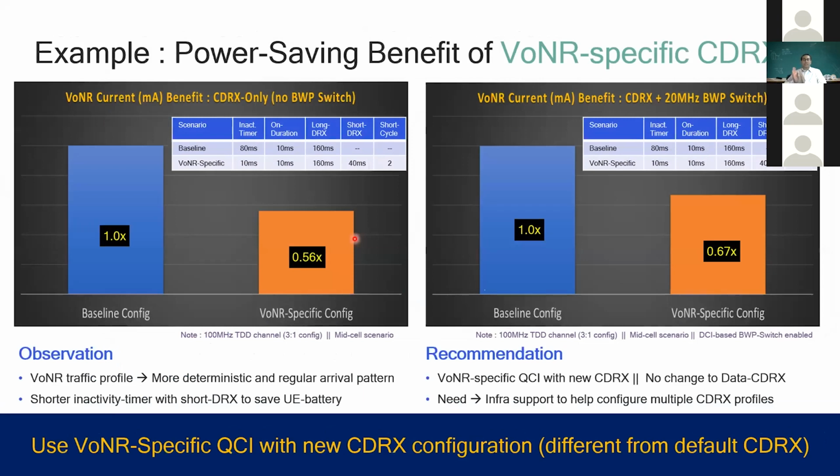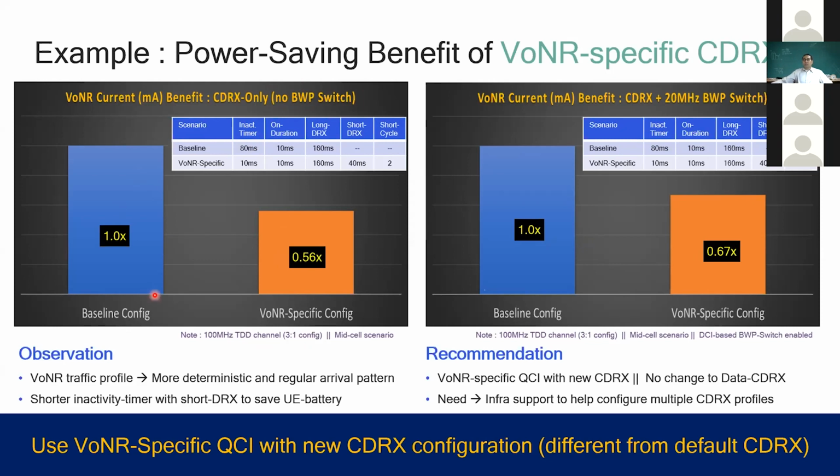So we have two sets of graphs. Let's start with the one on the left. This is a scenario for VoNR traffic, where a default CDRX, which is the baseline CDRX, is already configured in the network and is up and running, and there is no BWP switching enabled. For a 100 megahertz TDD channel, the channel bandwidth is 100 megahertz and the UE is monitoring PDCCH for the entire bandwidth.